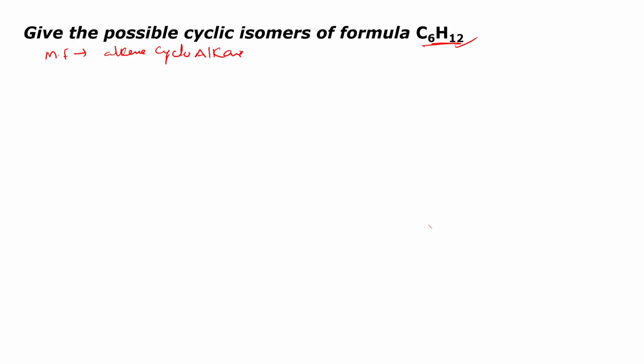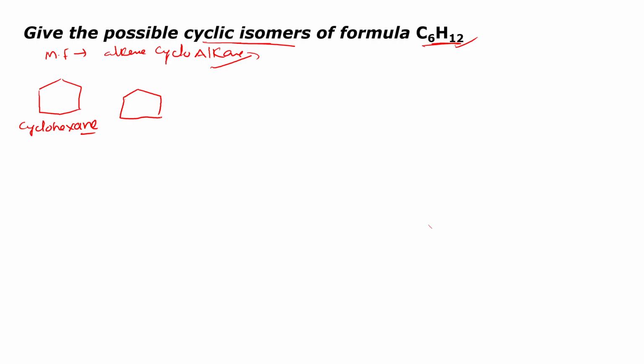As they are asking for cyclic isomers, I would like to take a cycloalkane. Hence the cycloalkane with C6H12 is cyclohexane. So they are asking for all the possible cyclic isomers of this cyclohexane.